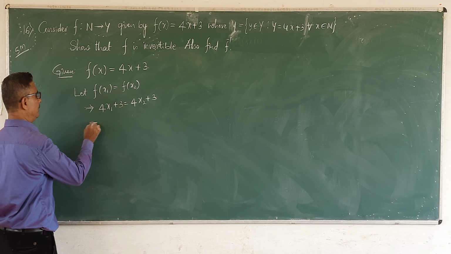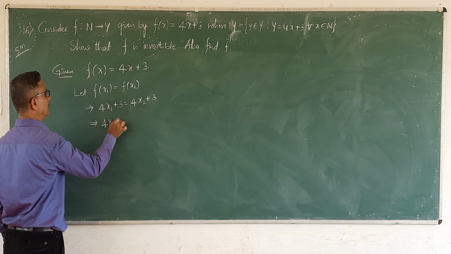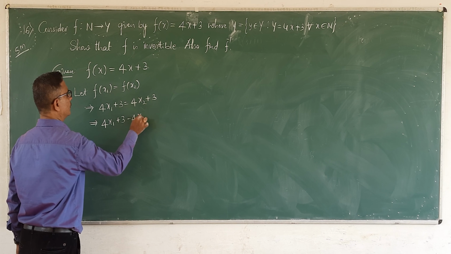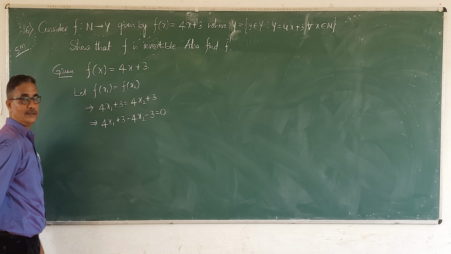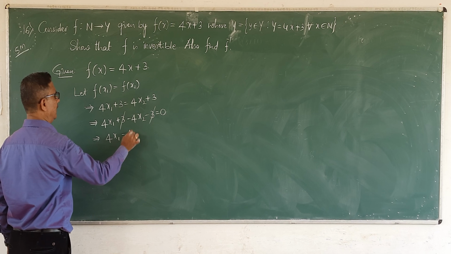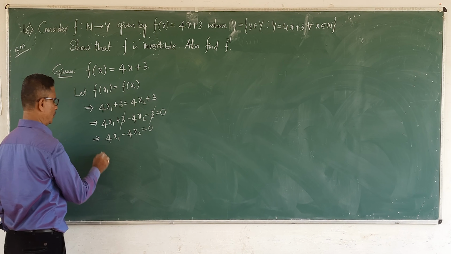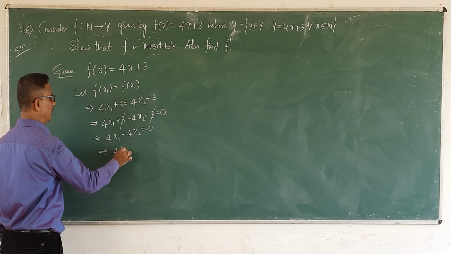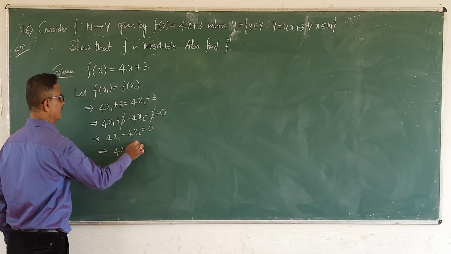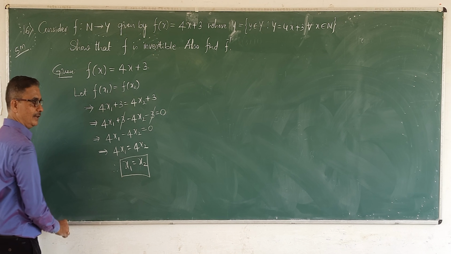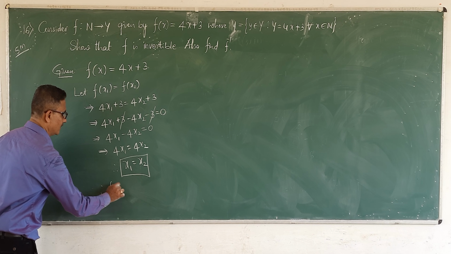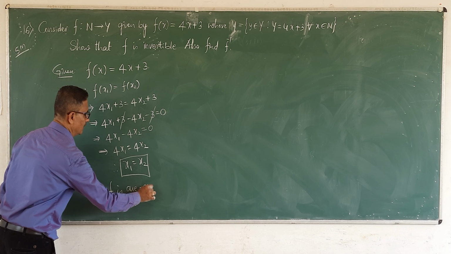Right? Now simplify: 4x1 plus 3 minus 4x2 minus 3 is equal to 0. Plus 3 minus 3 cancel. So that 4x1 minus 4x2 is equal to 0, or 4x1 is equal to 4x2. Divide both sides by 4. Therefore, x1 is equal to x2. Hence, f is a 1-1 function.